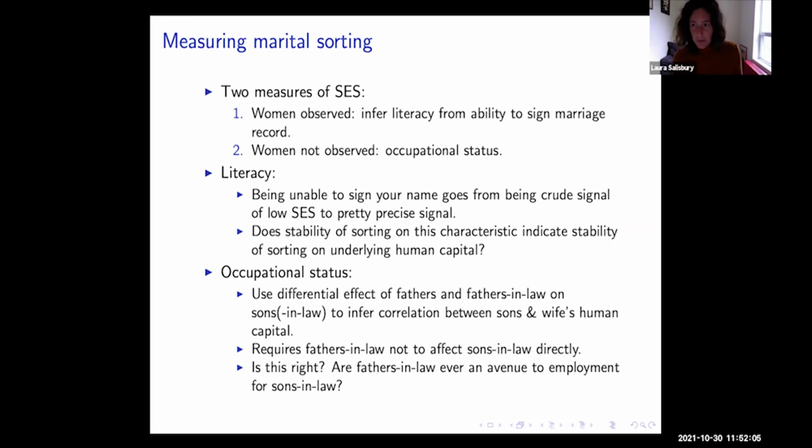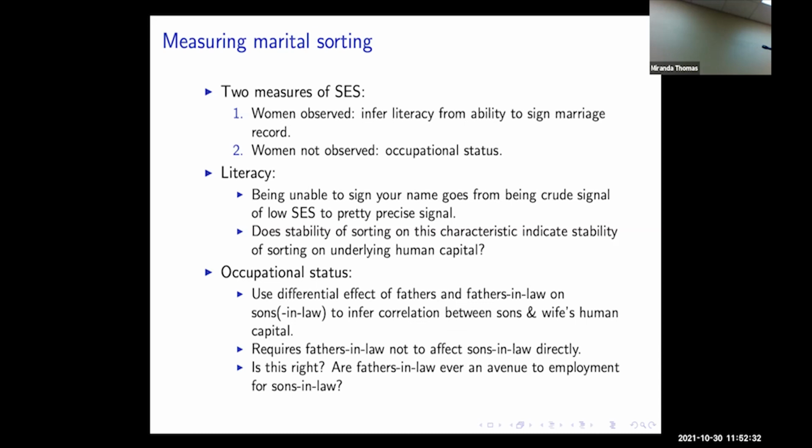So what does it mean that sorting on this measure, which goes from being a crude measure to a more precise measure, stays stable over time? Does that mean that sorting on underlying human capital is stable over time? Or not? What are the circumstances under which you can extrapolate in that way? Some discussion of that, I think, would be helpful.